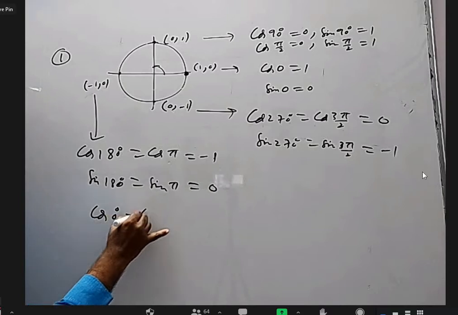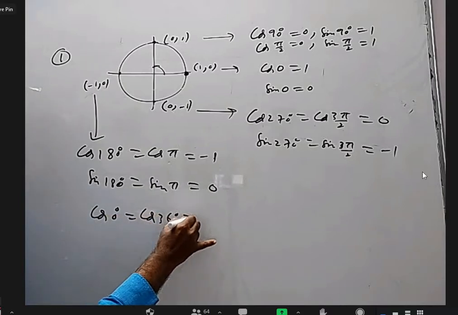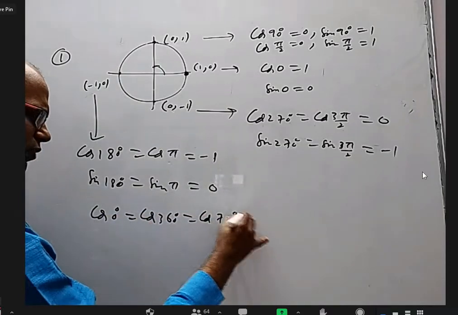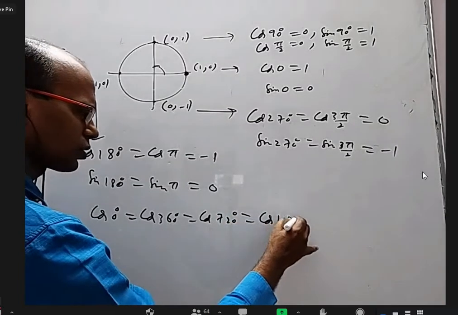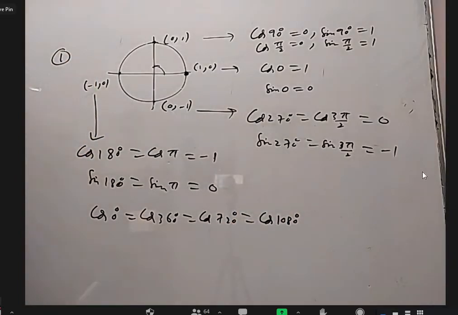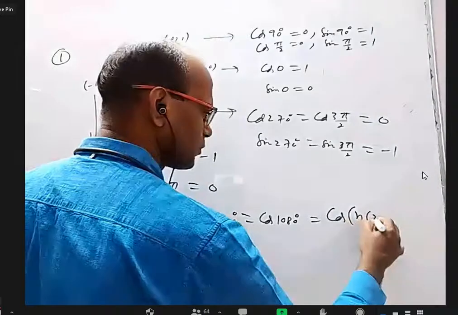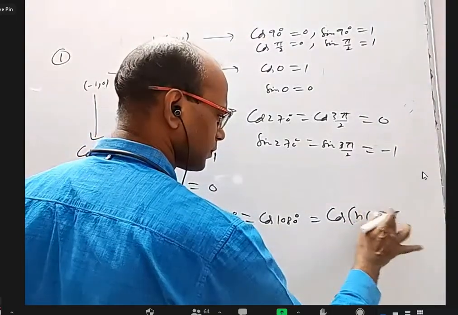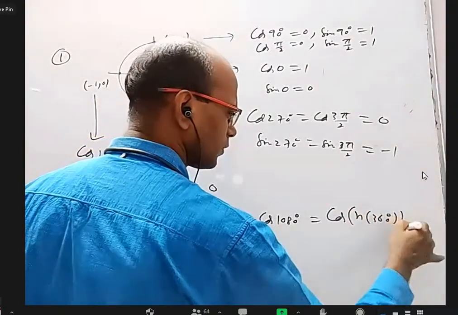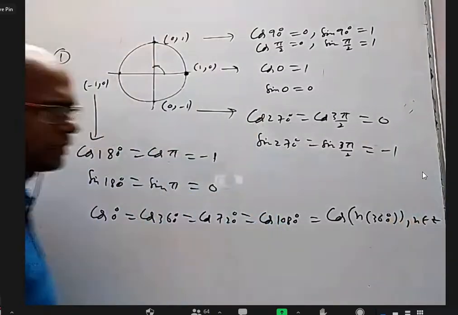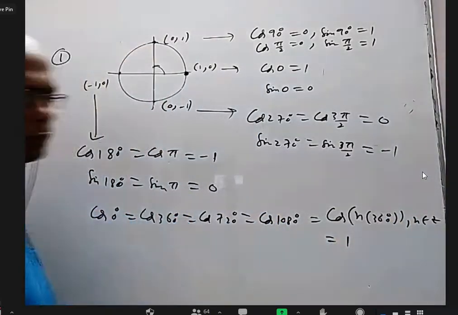Cos 0 degrees, cos 360 degrees, cos 720 degrees, cos 1080 degrees, or you can take any multiple of 360, that is cos n times 360 degrees, where n belongs to Z, an integer, is always 1.